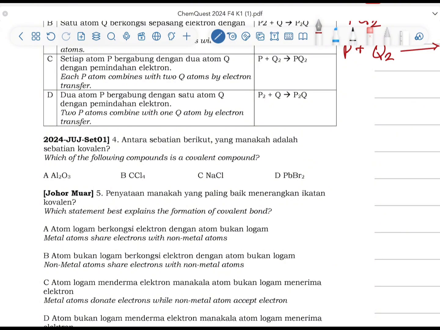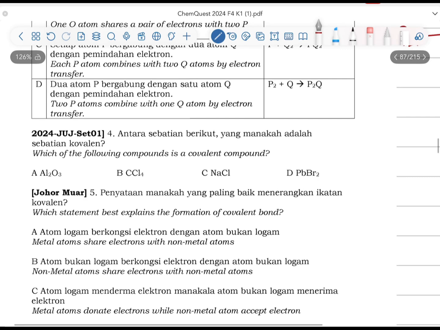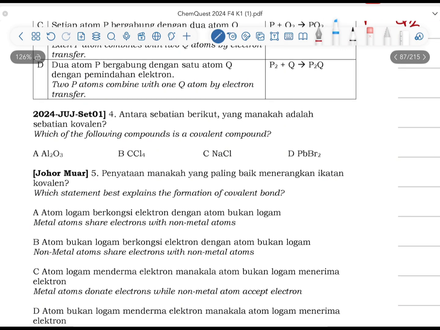Next, for the following question, this question asks us to identify which is a covalent compound. The formation of a covalent compound is based on the sharing of electrons between one non-metal and another non-metal. So let's look at options A, B, C, and D. Aluminium is a metal, right?